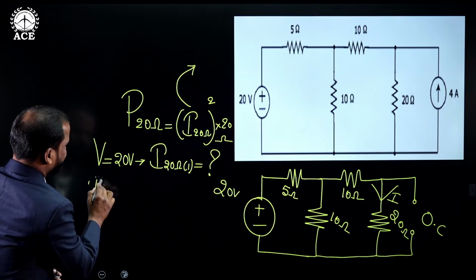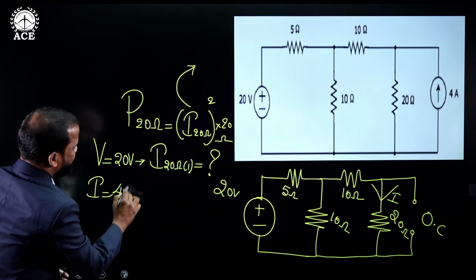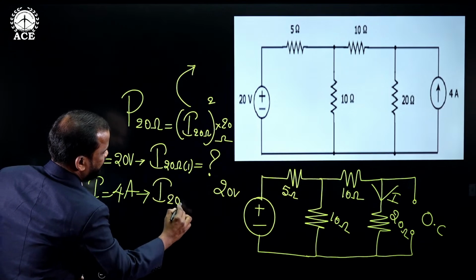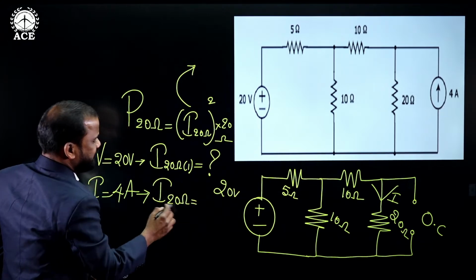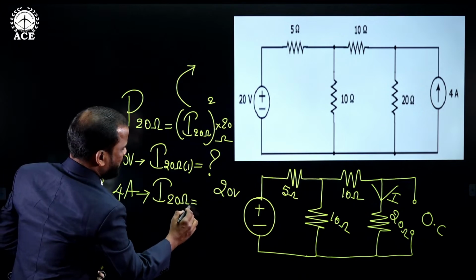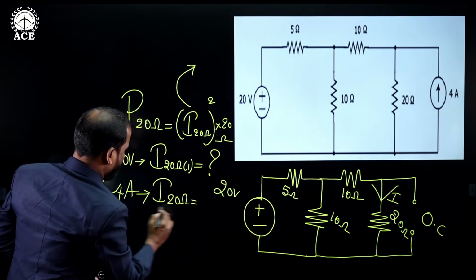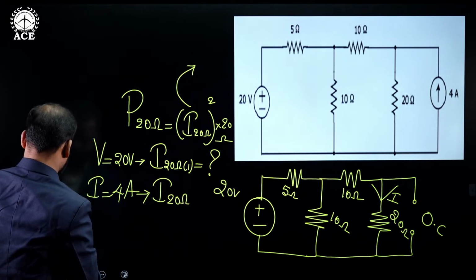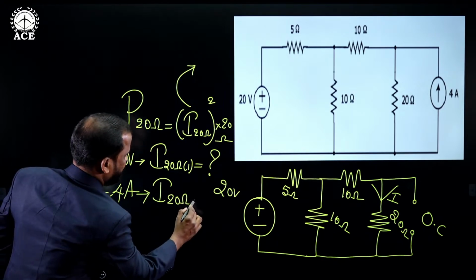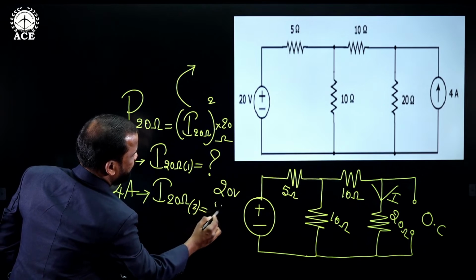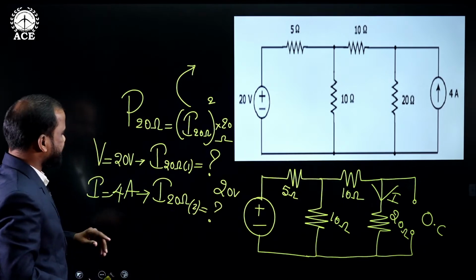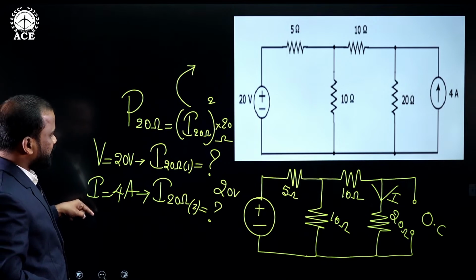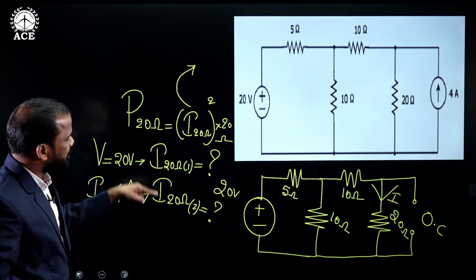Now when the 4 ampere current source is acting alone, again what is the value of current flowing through the 20 ohms resistance under case number 2? Again our target is to find this. Just see here, when sources are acting individually, we get the individual responses.